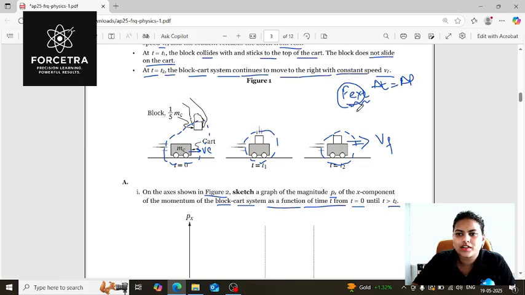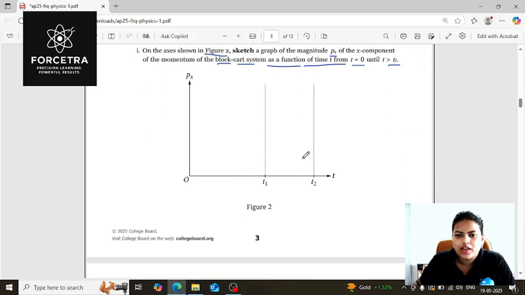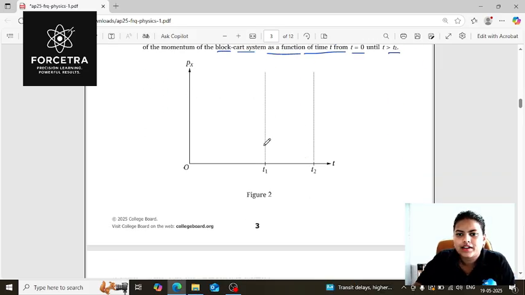So P initial is equal to P final, since this is 0. So I can say that the Px versus time would be a straight horizontal line, showing that there is no change in the momentum with respect to time.